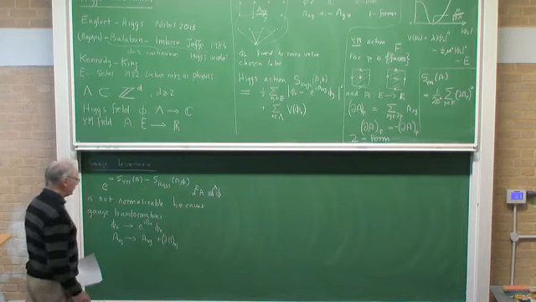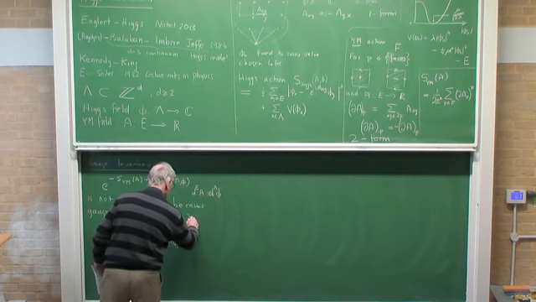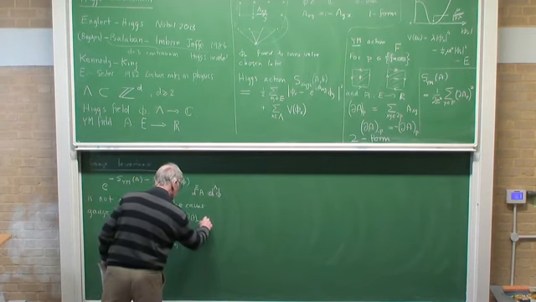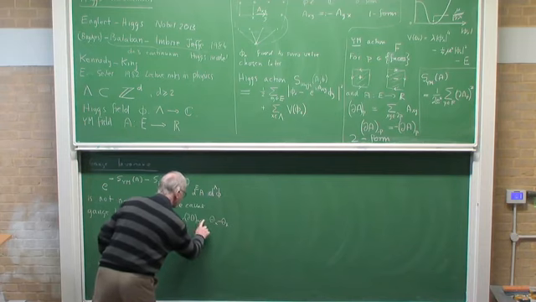Now this d theta xy is theta x minus theta y. That's the definition.